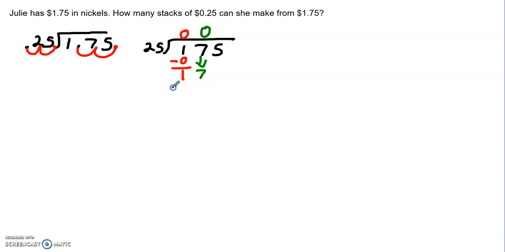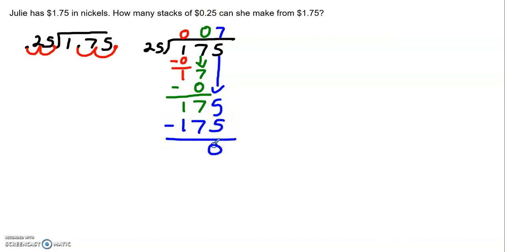The answer is 0. 0 times 25 is 0. 17 minus 0 is 17. And then I need to bring down the next number, 175. Well, 25 goes into 175 7 times. 7 times 25 gives me 175. 175 minus 175 is 0. So the answer here is 7.